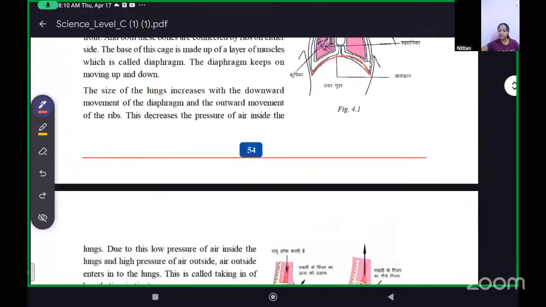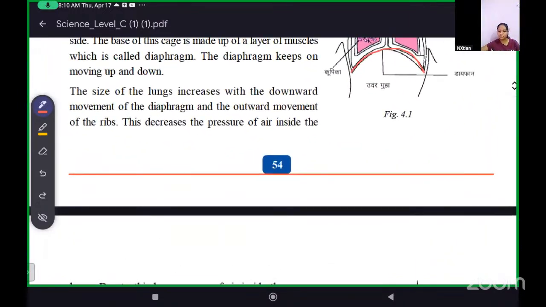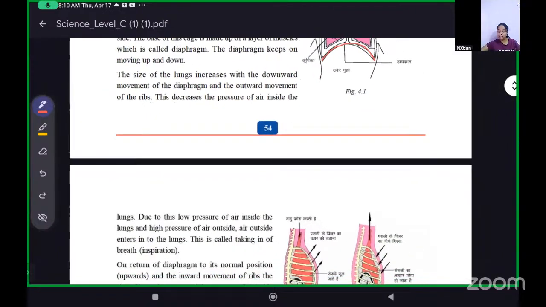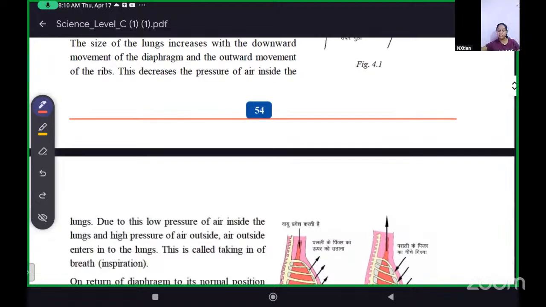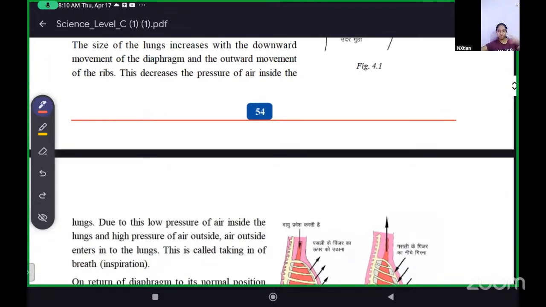The size of the lungs increases with the downward movement of the diaphragm and the outward movement of the ribs. Now, look at this carefully. When there is downward movement of the diaphragm and outward movement of the ribs, the size of the lungs increases. So what happens?